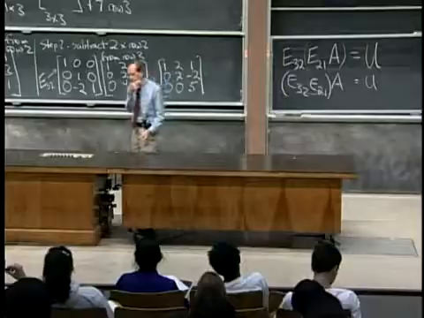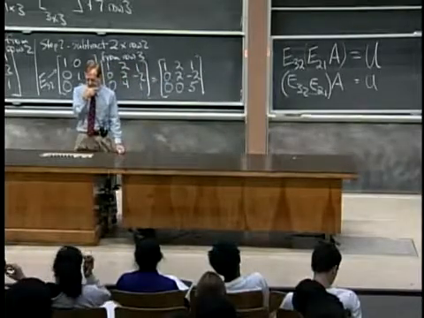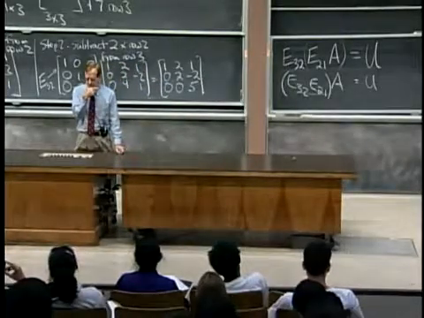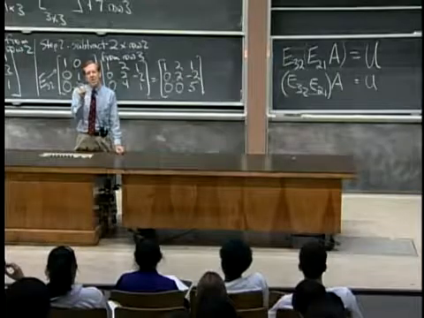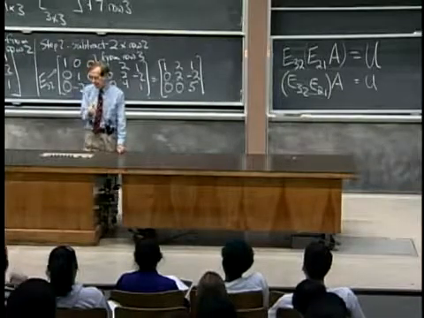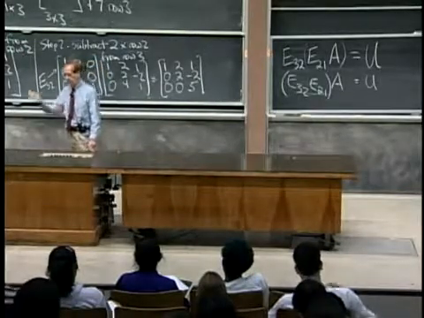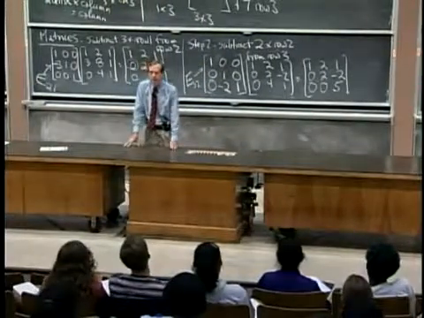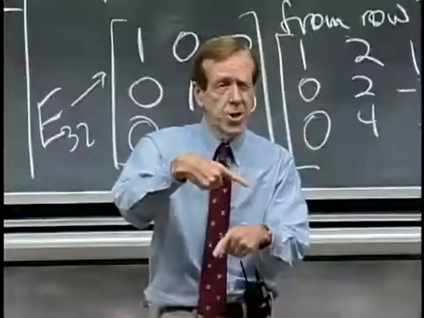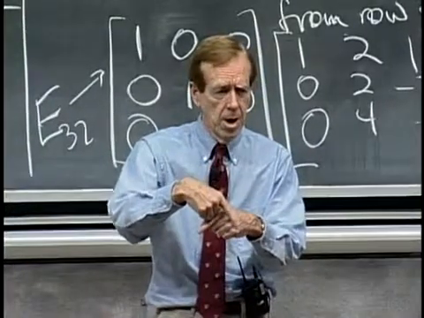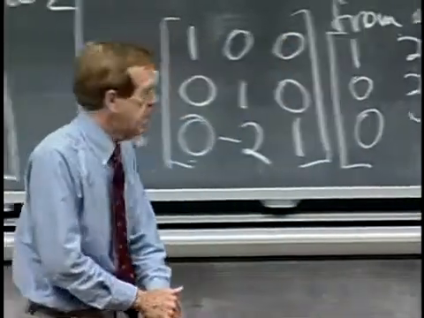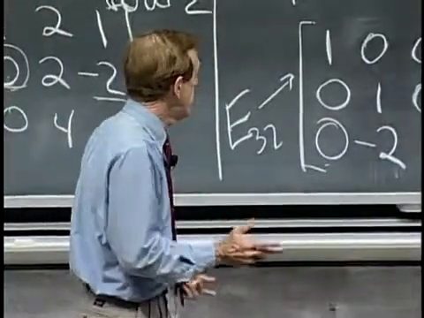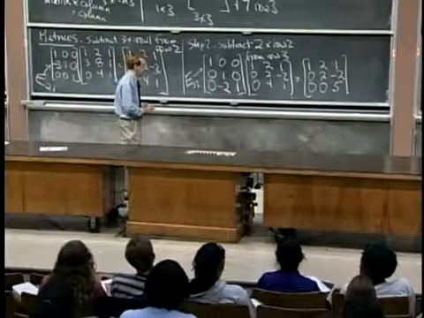Now, while we're talking about these matrices, there's another type of elementary matrix, and we already said why we might need it. We didn't need it in this case, but it's the matrix that exchanges two rows. It's called a permutation matrix. Can you just tell me what that would be?